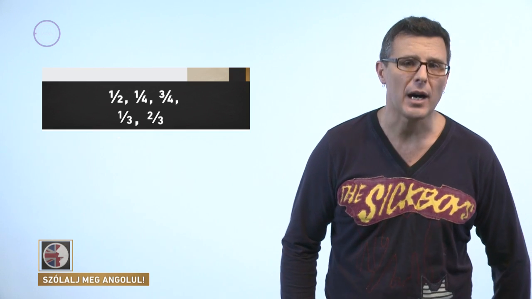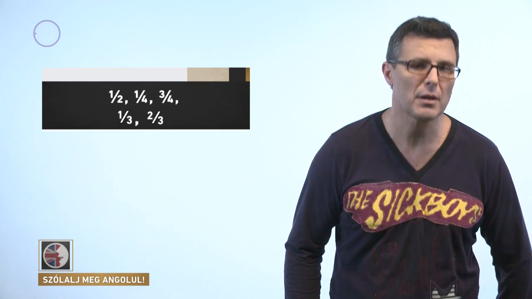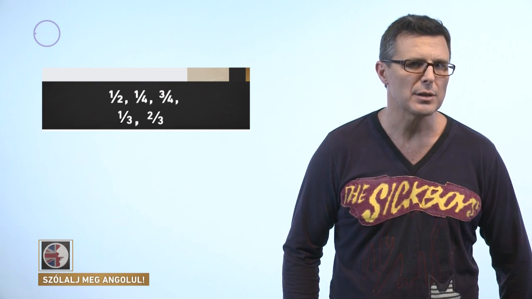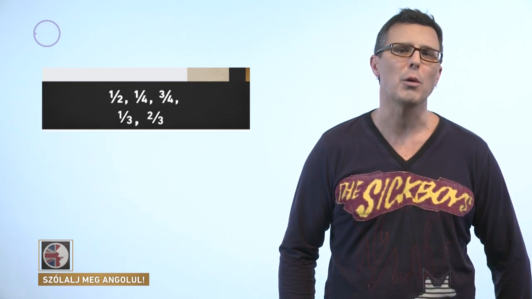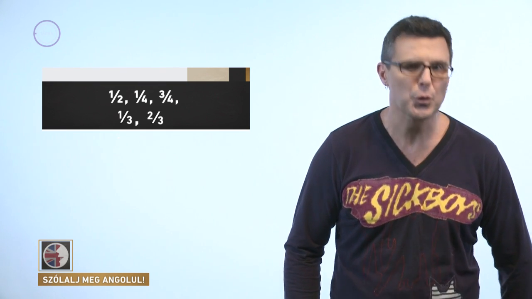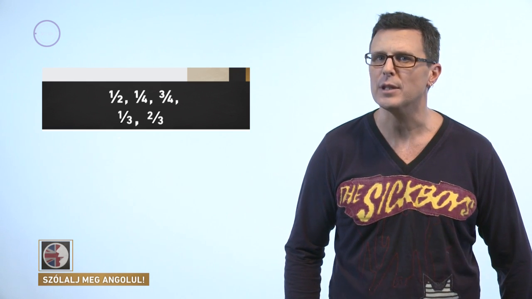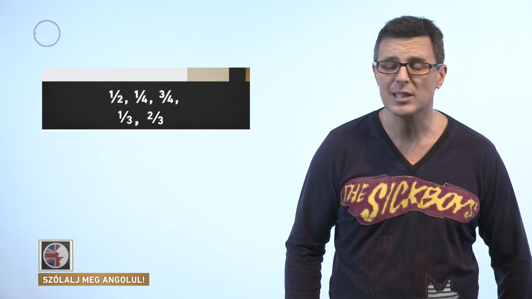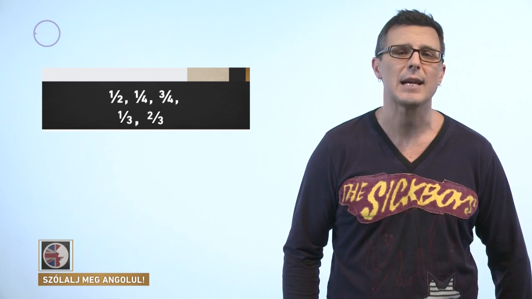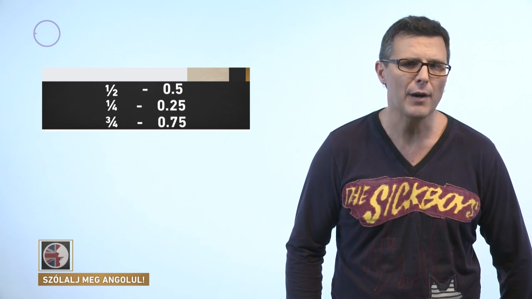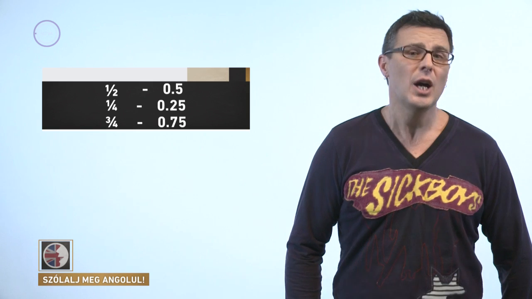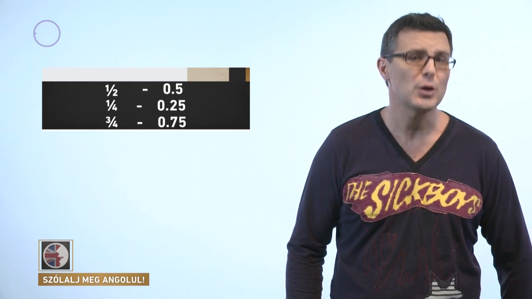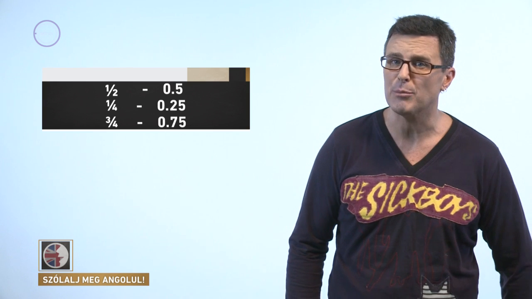We say a half, a quarter and a third. When we talk about three quarters or two thirds, then we use the plural form. We can use imperial fractions or decimal fractions. They mean the same thing. A half is 0.5. A quarter is 0.25. Three quarters is 0.75, for example.